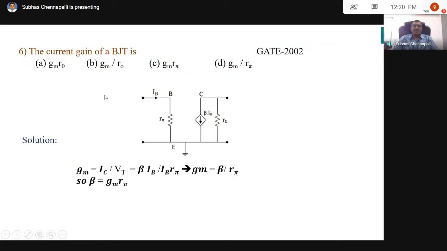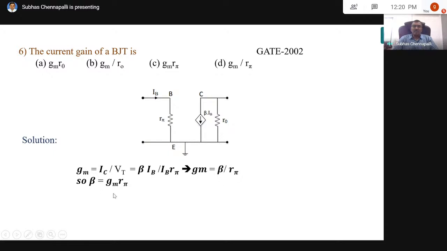The current gain of a BJT amplifier, I mean beta, is being asked. Beta times IB, this is R pi. GM is equal to IC by VT, that is IC average, I can write as beta times IB, divided by IB times R pi. IB cancels, then GM becomes beta by R pi.